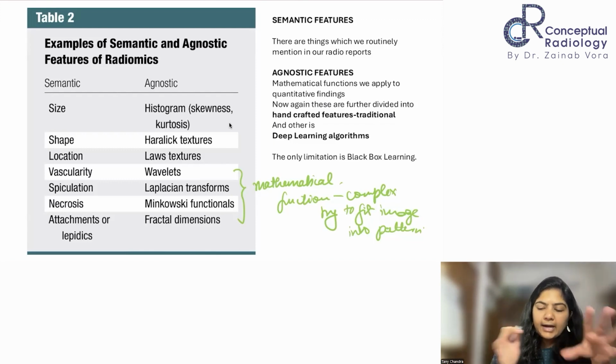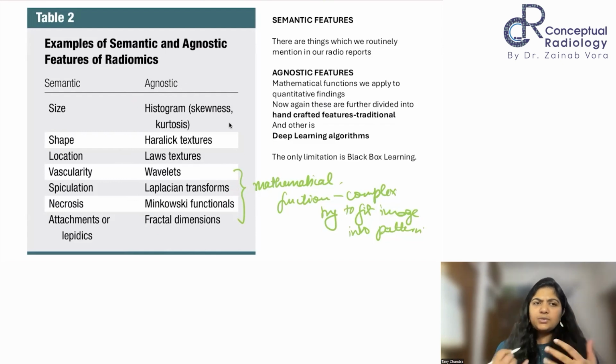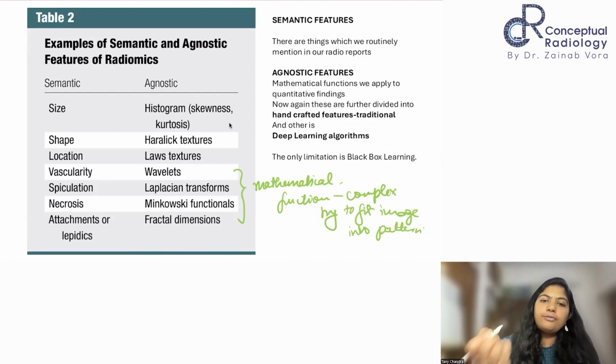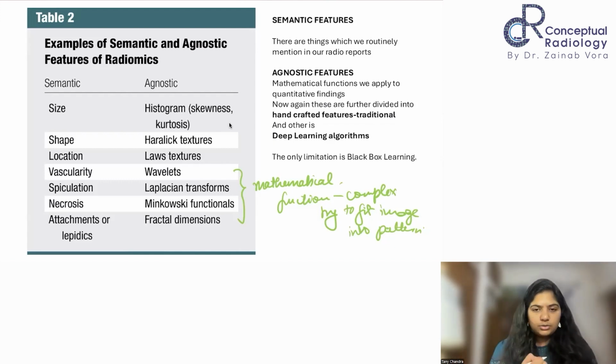So there can be handcrafted features like traditional ones, like the ones we are mentioning here, because these are all math and statistical features, right? Stats we do. The next is deep learning. Deep learning is when you leave these images into the system, into a deep learning algorithm, and then it will try to find out a pattern on its own without our supervision. The only limitation there is that we don't know how it picks it up.